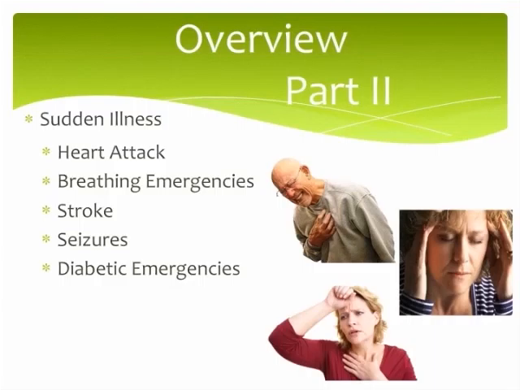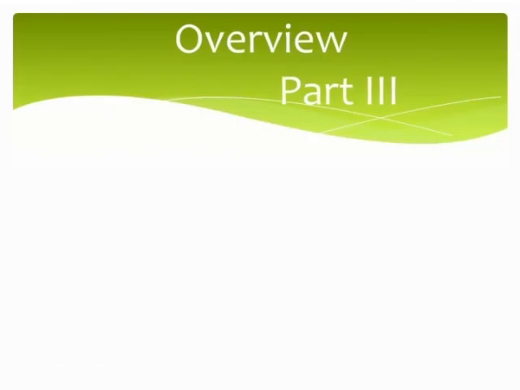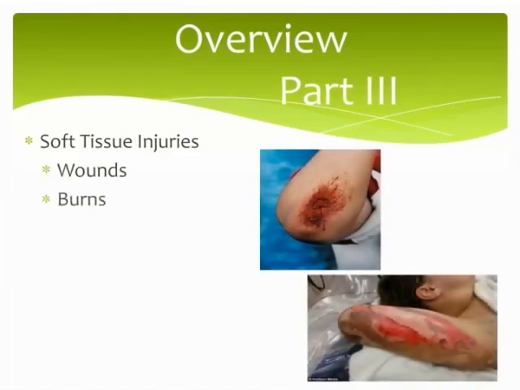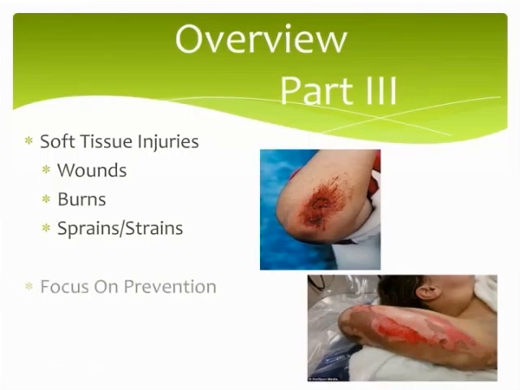We will also discuss weather-related emergencies. In the third part of the presentation, we will discuss soft tissue injuries, including wounds, burns, and sprains or strains. We will also discuss focusing on prevention with elderly residents.